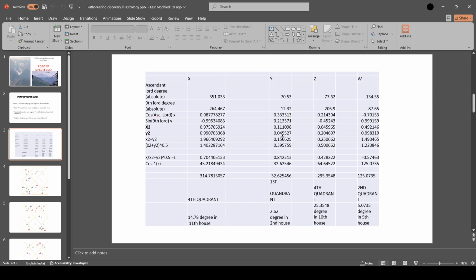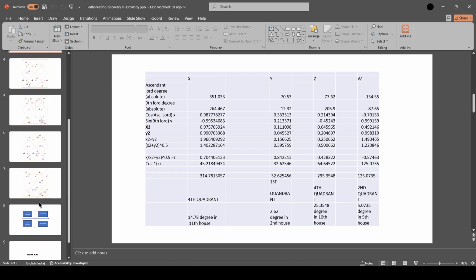Now take the square of this, add them up, take the square root, and you will get this value. And then similarly find out cos inverse z. You will get 32.62.